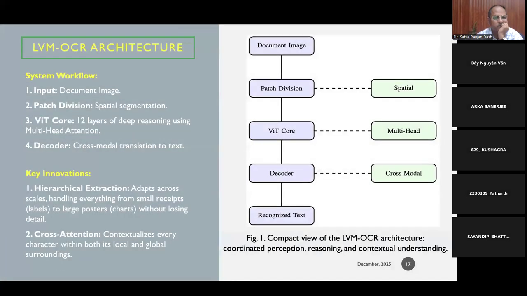We have patch vision, so we have spatial segmentation. As we see, it's different from traditional OCR, which looks through small patches, small pixels. But our model looks at the whole picture, the whole content and context. So we know the context exactly by using the ViT core and also the smart attention, right? It does have an error rate, as you can see in the table at the end.